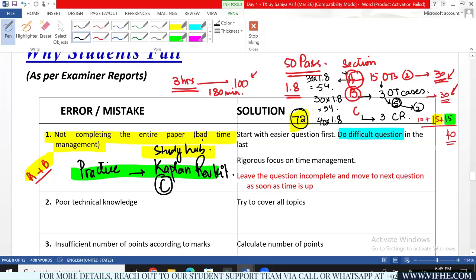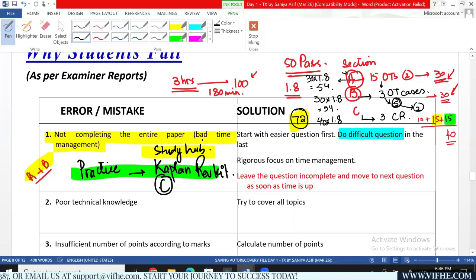And I mean, if you just think that you will have to deal with all the questions in a sequence, I mean, if question number one feels difficult, let me just get done with it first, and then I'll go to question number two. See, question number one will definitely take much time, must be taking double time.